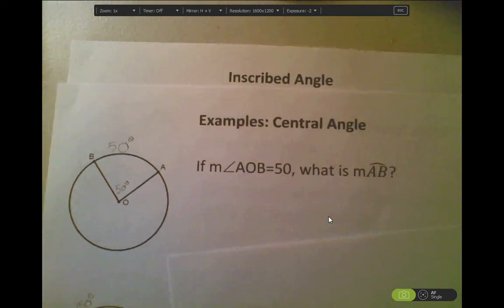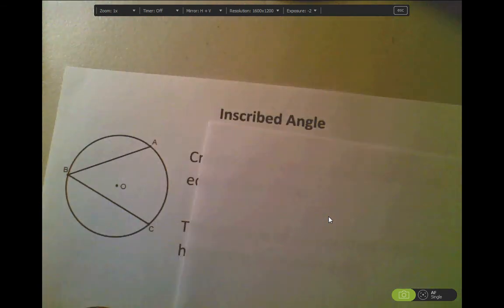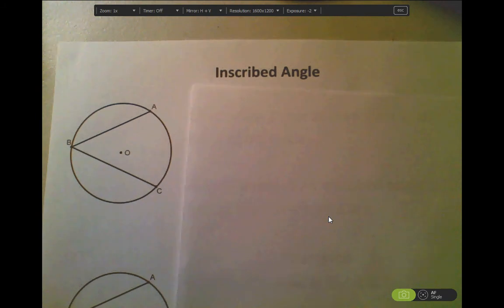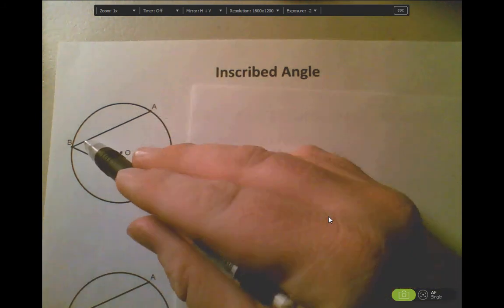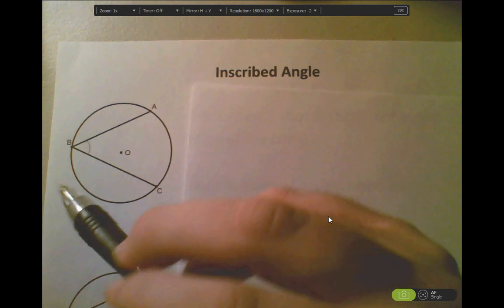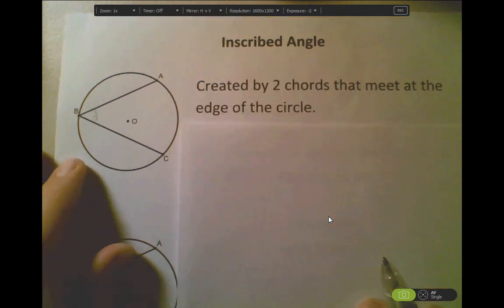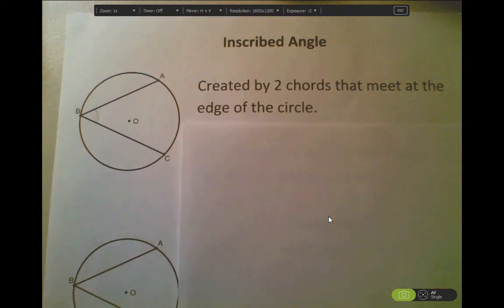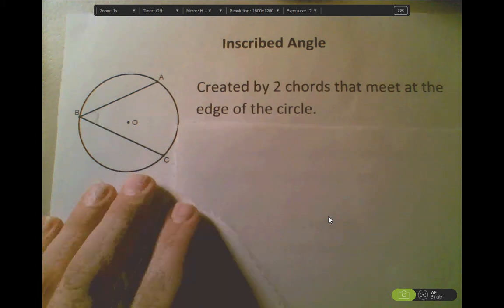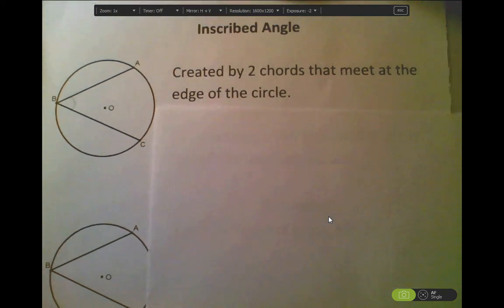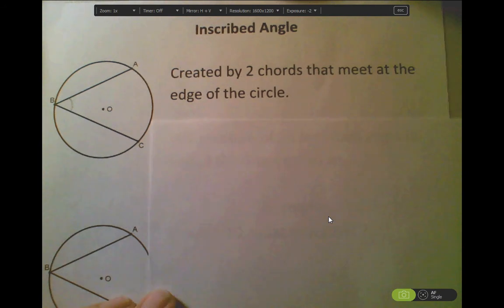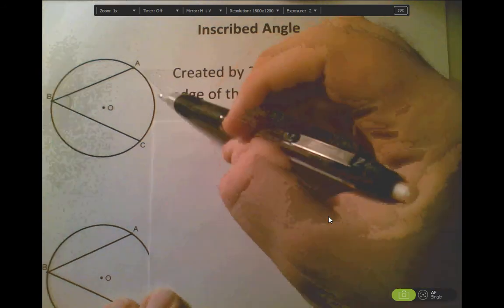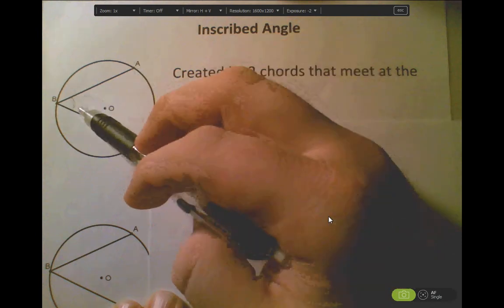Now, let's talk about our next angle that we can create, and it's an inscribed angle. If you notice, an inscribed angle is over here. Our definition for an inscribed angle is that it's created by two chords that meet at the edge of the circle. When we're thinking about inscribed angles, we're thinking about the relationship with the arc: if we know the arc, we can figure out the angle.